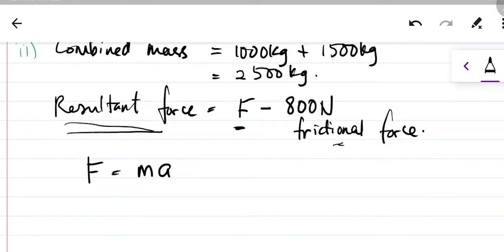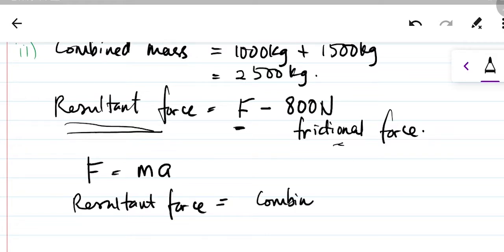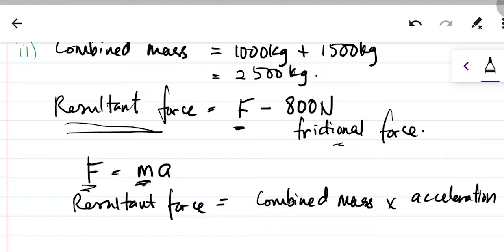We write resultant force equals combined mass multiplied by acceleration. Force, mass, acceleration.